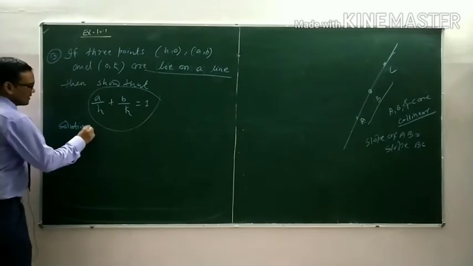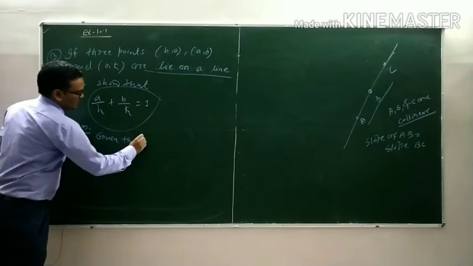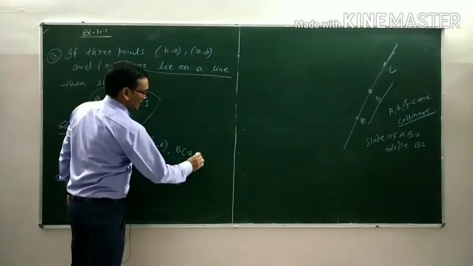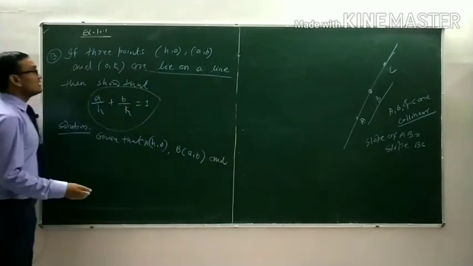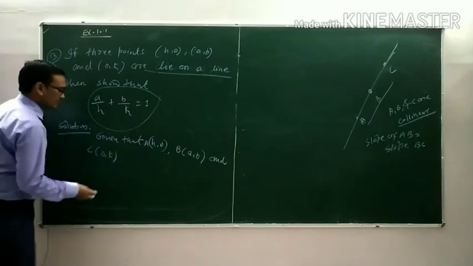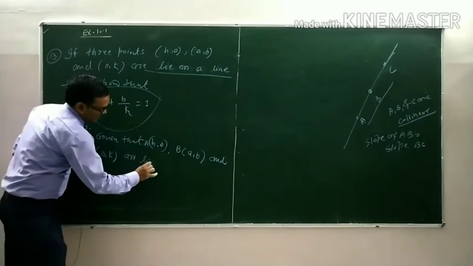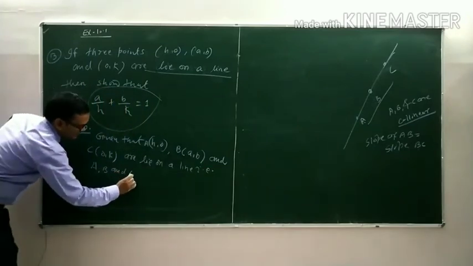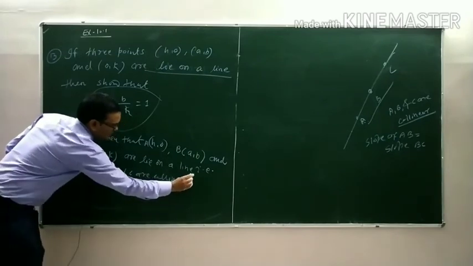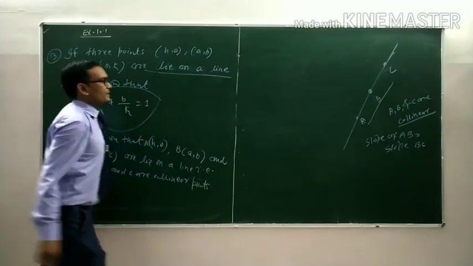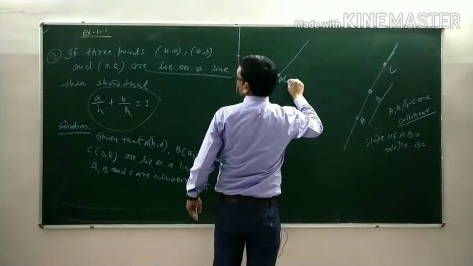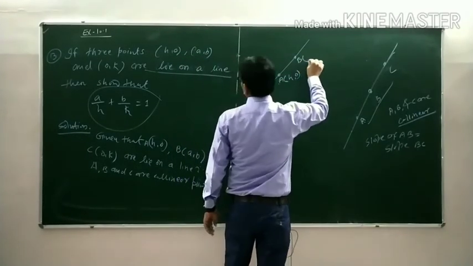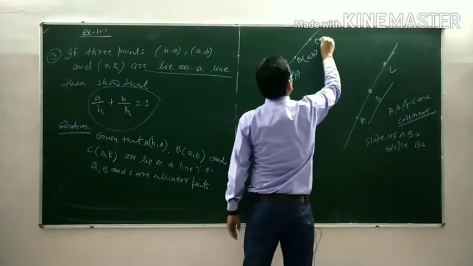Solution. Given that A is h comma 0, B is a comma b and C is 0 comma k, and they lie on a line, that means A, B and C are collinear points. Here the coordinates of point A are h comma 0, B is a comma b and C is 0 comma k.